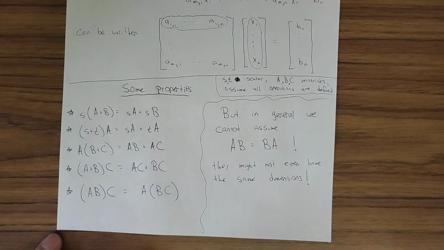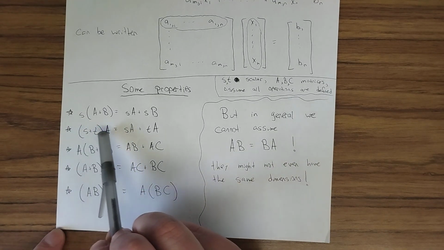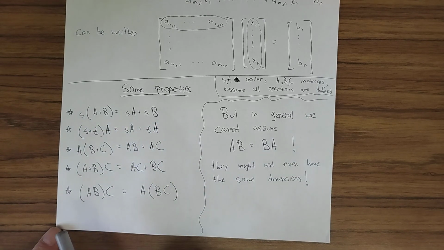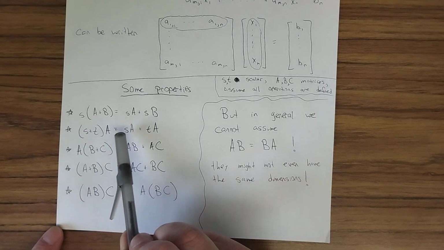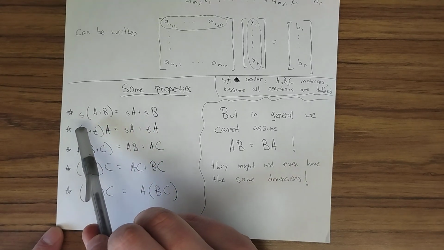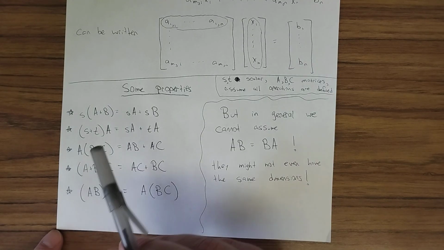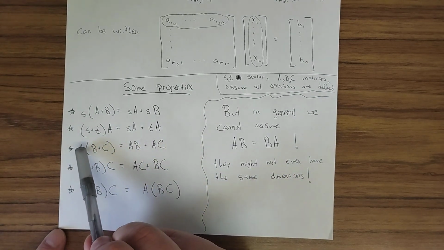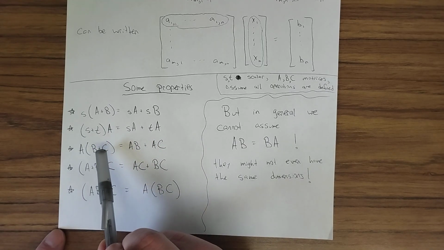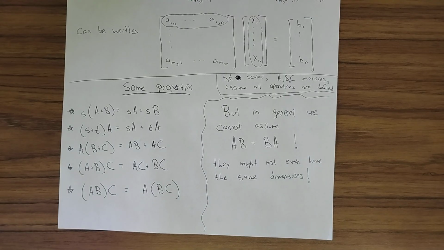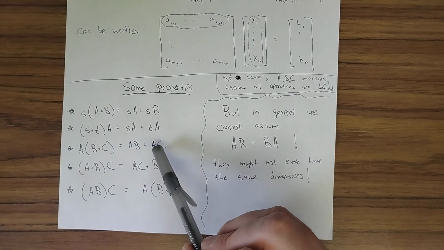Here's a different version of the distributive property, this second line. In this one, I'm adding two scalars and multiplying the result by a matrix. But the result is what you would think. It's just this times this and then this times this. Here's another version of the distributive property where there's no scalars anymore. That's just matrix multiplication and matrix addition. And it says, well, what you would think.